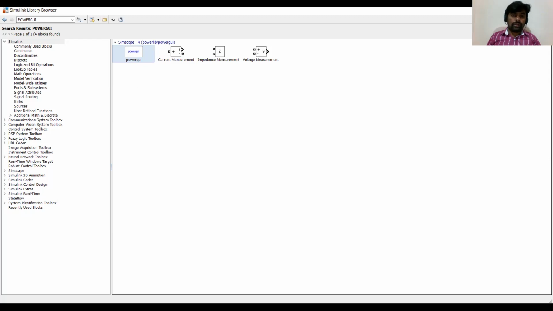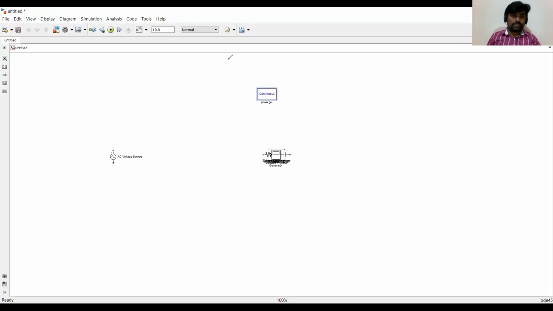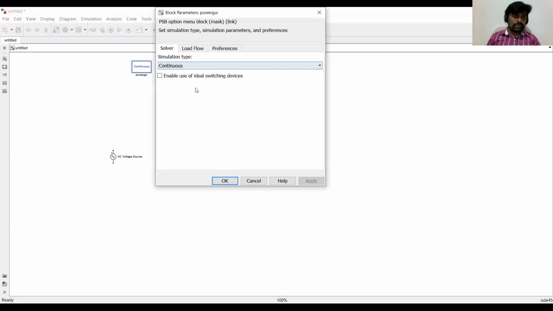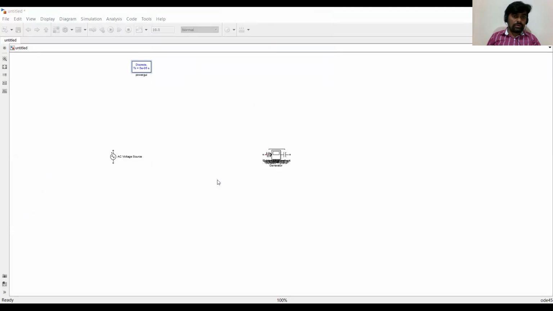Right, so here I can see all the elements which I have added just now. So now I will keep this in discrete mode, right? And so I will collect all the elements from this block, right?